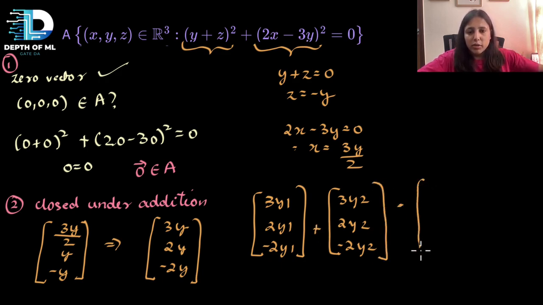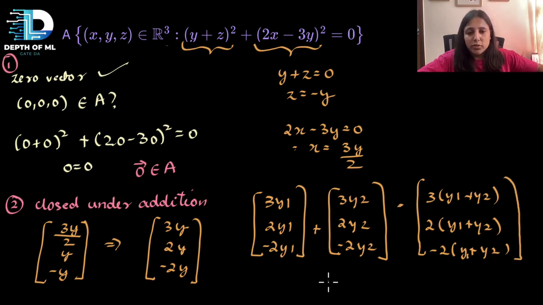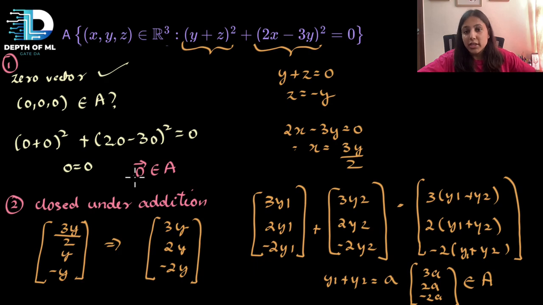So I get 3 into (y1 plus y2), then 2 into (y1 plus y2), and here minus 2 into (y1 plus y2). Now let me assume y1 plus y2 is equal to, say, a. So the form that I'm getting is 3a, 2a, minus 2a, right? So this belongs to A. This is correct, so this is closed under addition as well.